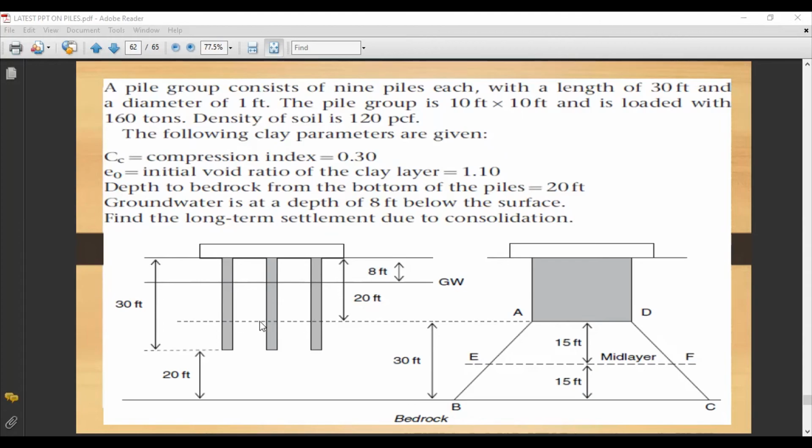So this particular portion we could consider as solid footing. From here onwards, whatever soil, the rest of the soil until the bedrock, we are going to consider as the soil layer. So whatever the soil layer is, this is the total thickness of the soil layer. So H is equal to 30 feet. Is that clear? Yes, sir.